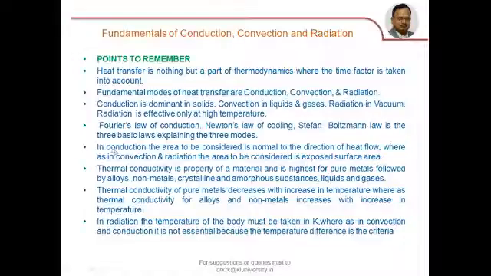Many times students make a mistake here in considering the area, surface area or cross-sectional area. So don't fall into the trap. Conduction is with reference to the area normal to the direction of heat flow, whereas in convection and radiation the area which is in contact with the surrounding medium, that is the surface area.